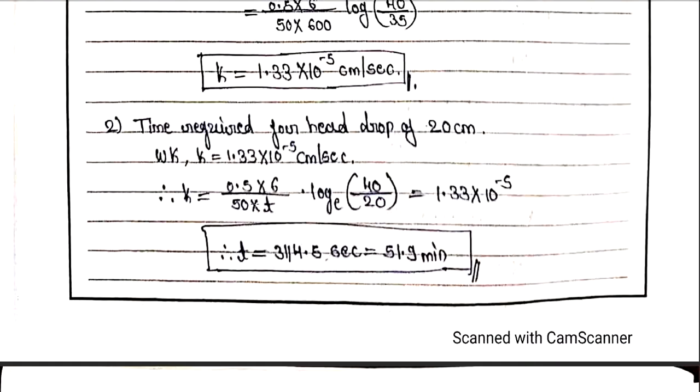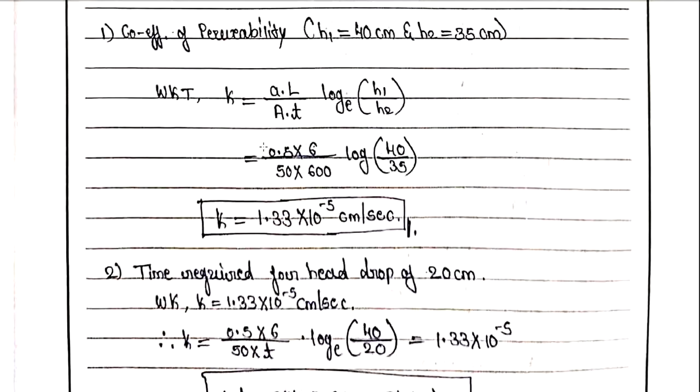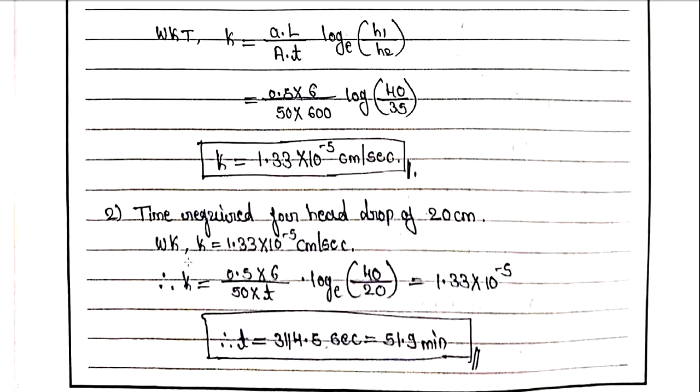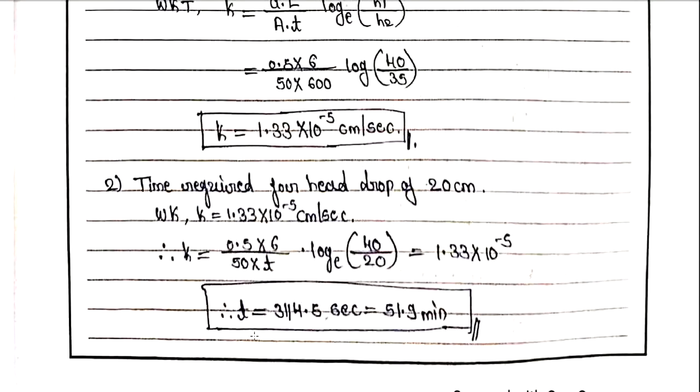So same formula we are going to use, but this time the unknown is small t. This time the unknown is small t. So we are going to find out this unknown by using the k value which we have calculated in case number 1. So in case number 1 we have found out the k value. Same k value we are going to use. Every other data is same, only we need to find out t. So we have got the t as 3114.5 seconds, that is 51.9 minutes.